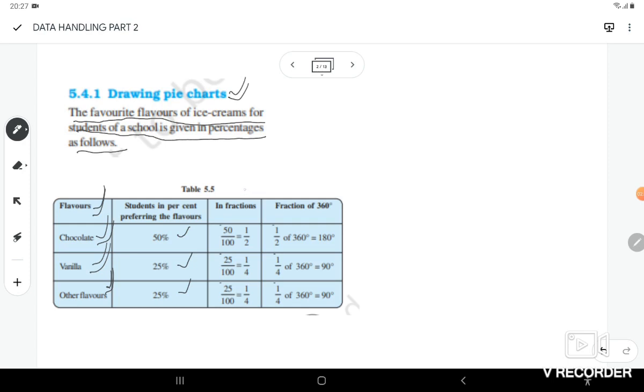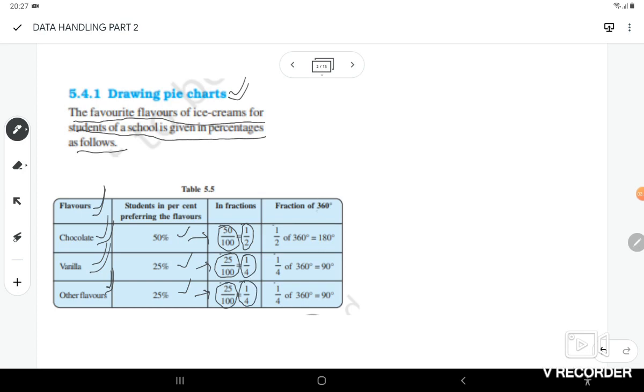First we represent the percentage as a fraction. 50% means 50 by 100, which is 1 by 2. 25% means 25 by 100, which is 1 by 4. And again 25% means 25 by 100, which again is 1 by 4.